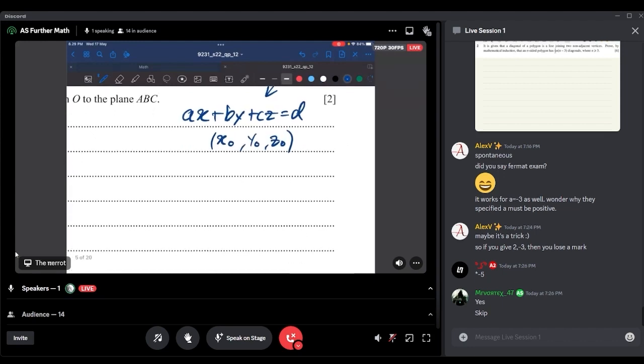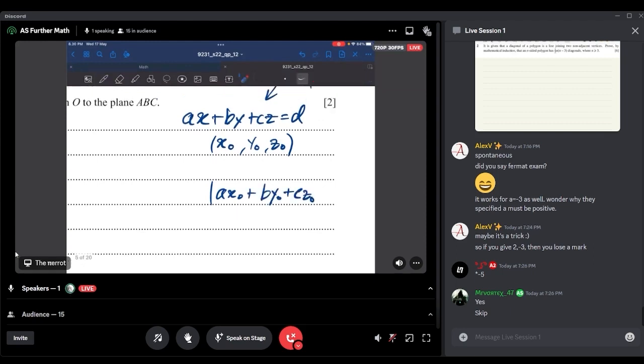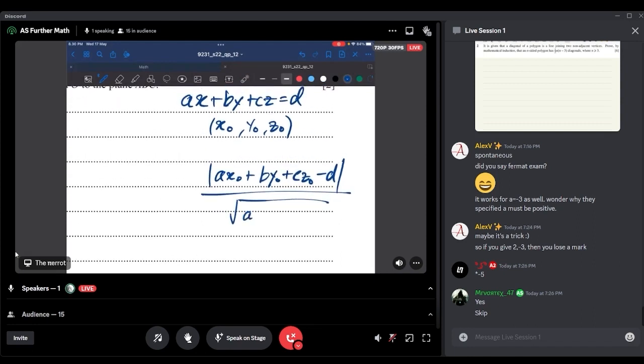Then the distance is just, you take the absolute value of ax0 plus by0 plus cz0, and you transfer this d to the other side, so you have a minus d, divided by the magnitude of the normal. So you have a squared plus b squared plus c squared, square rooted. So this is the perpendicular distance formula.